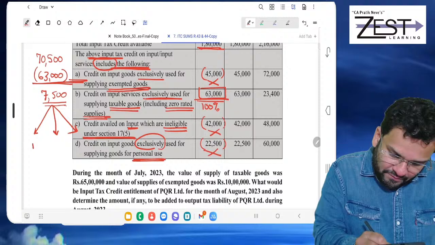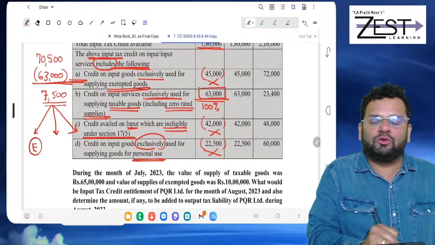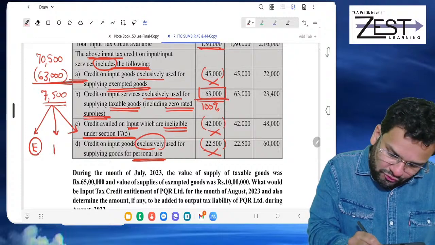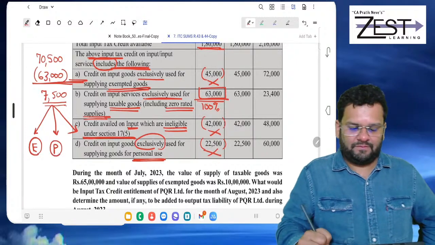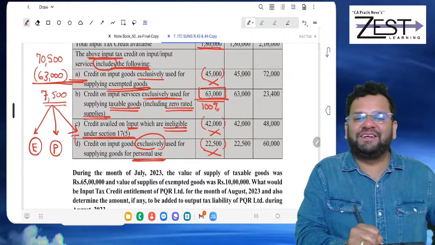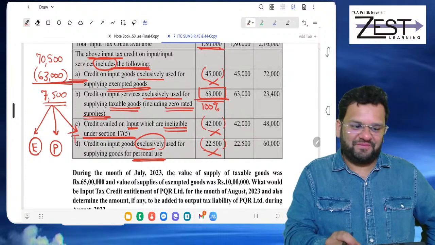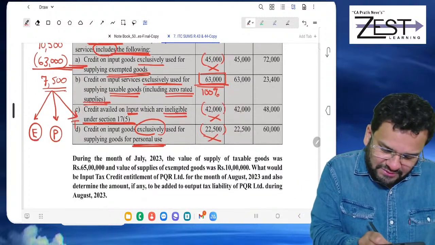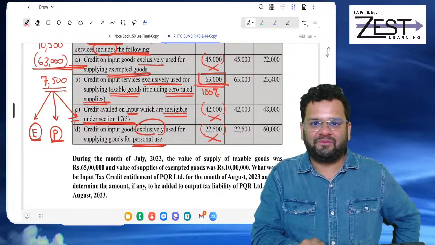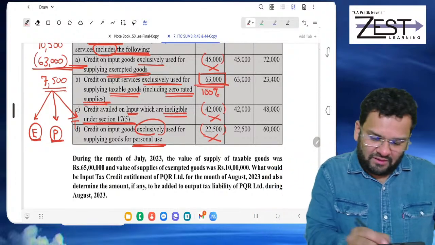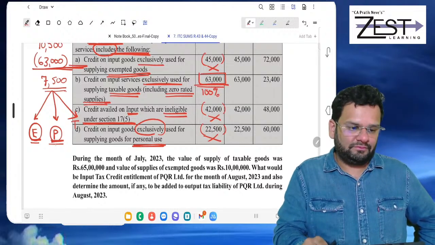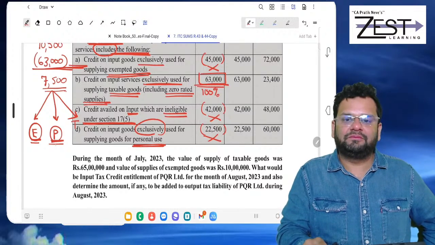The one which is used for exempted only, the one which is used for personal, and the one which is used for taxable. So the exempted and personal branches will not be allowed. Do you agree with me?